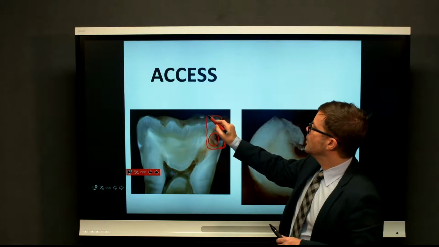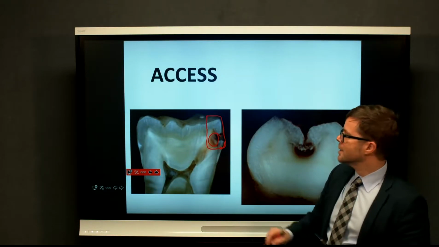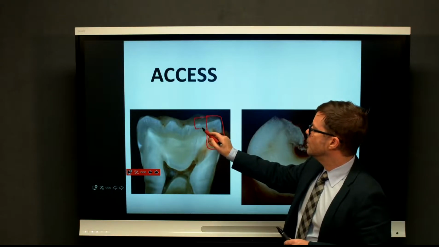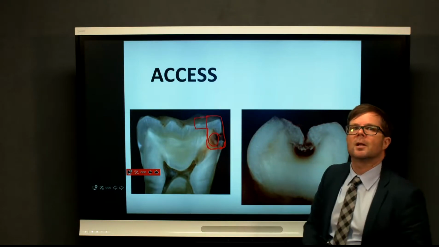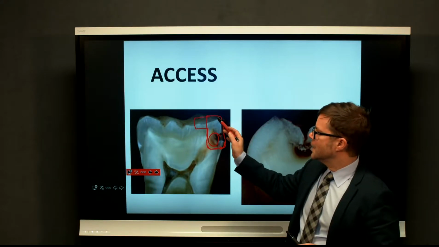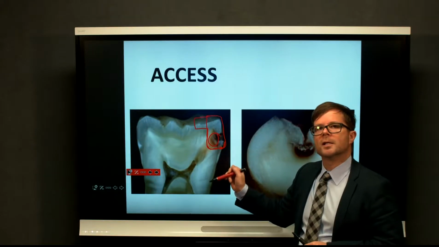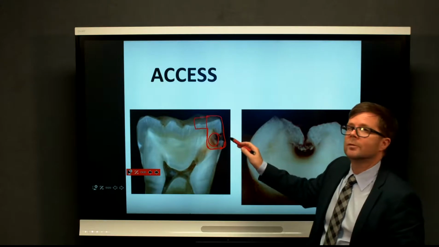And so we would end up with an outline that looks something like this. We may cut into the tooth a little more to give us some sort of retention, so we may end up with a step like that. So you can see that the access is actually creating a larger cavity design than is ideal. But what can you do? You have to get to the caries.